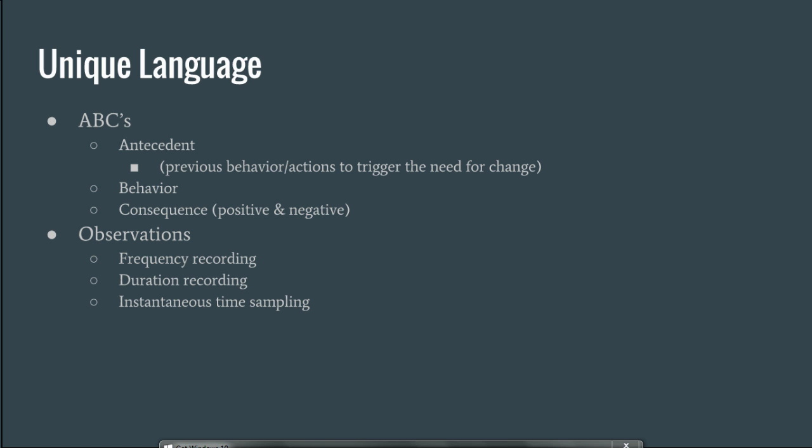With duration recording, you record the length of time of the target behavior during the period that you're observing, the observation period. And instantaneous time sampling is recorded as occurring or not occurring during intervals of observation. So it's kind of a check yes or no type of deal.